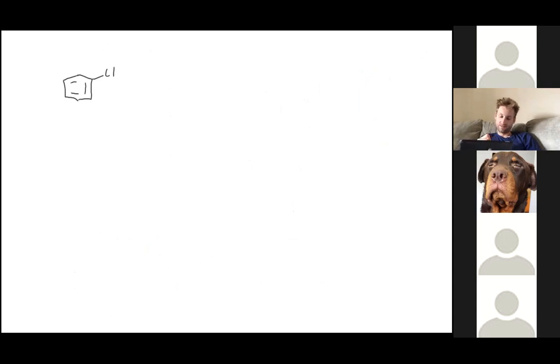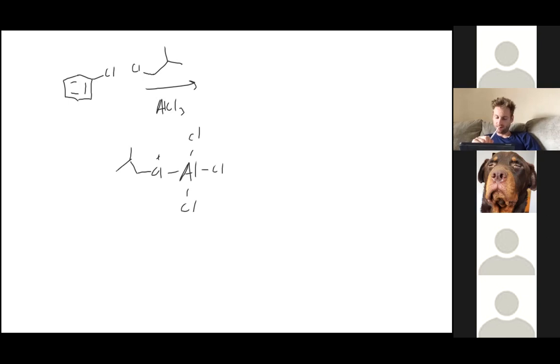So if we were to take this chlorobenzene here in AlCl3, we're going to form a complex that looks something like this.